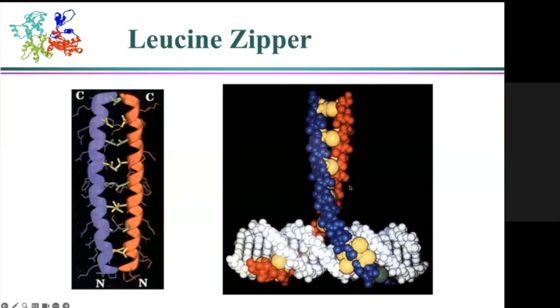And then you can see leucine zipper can form all kinds of functions. One important function is as a transcription factor. So this is a leucine zipper, and it basically attaches to DNA and can regulate gene expression.